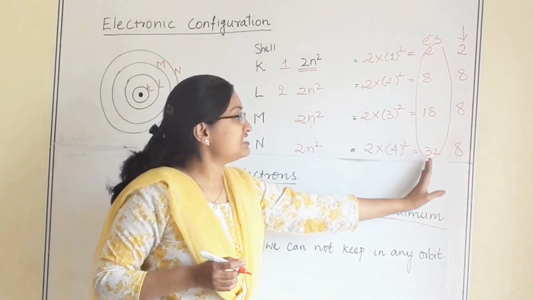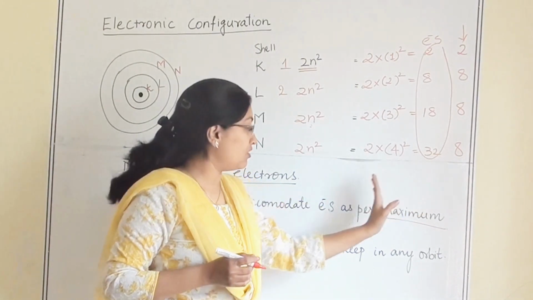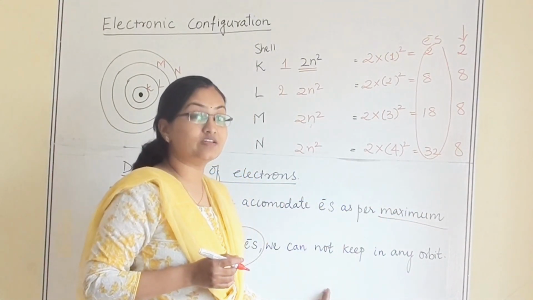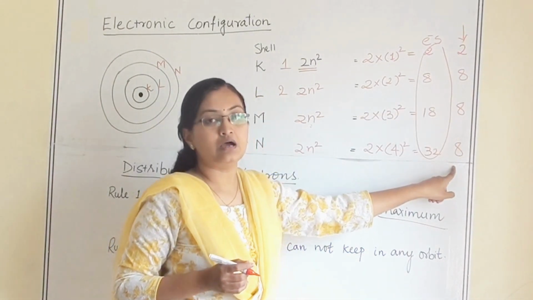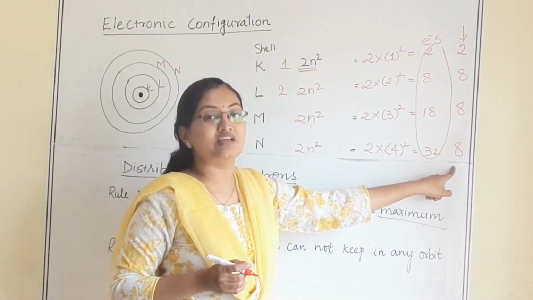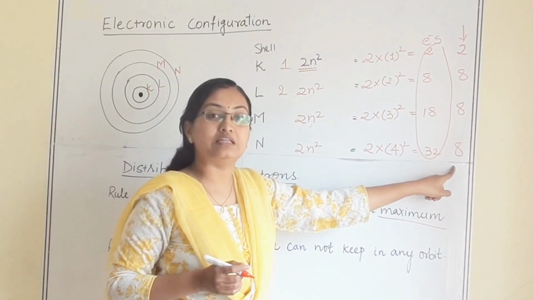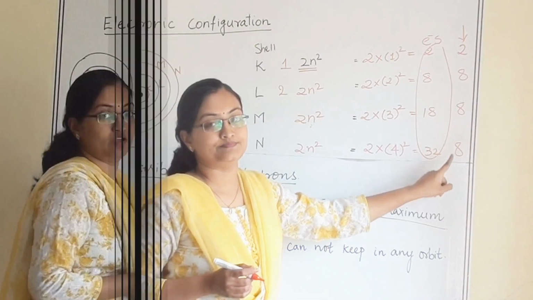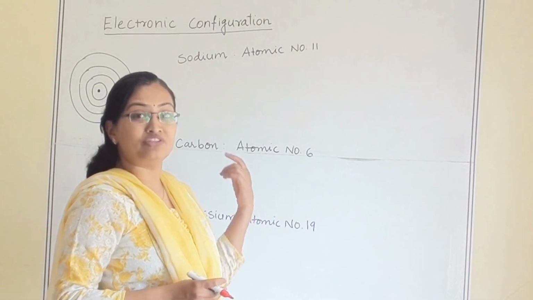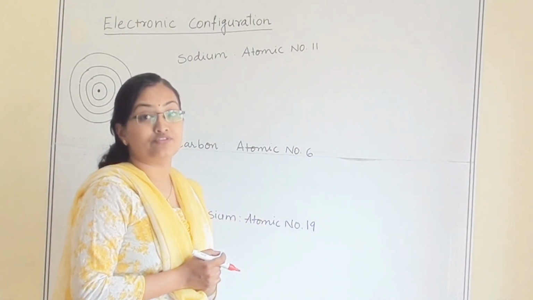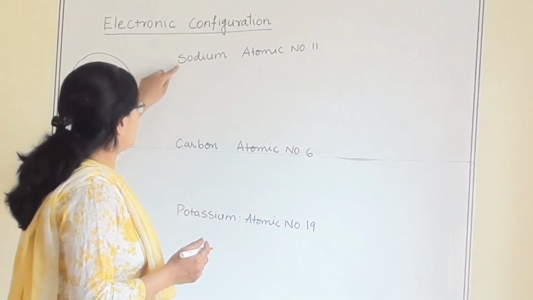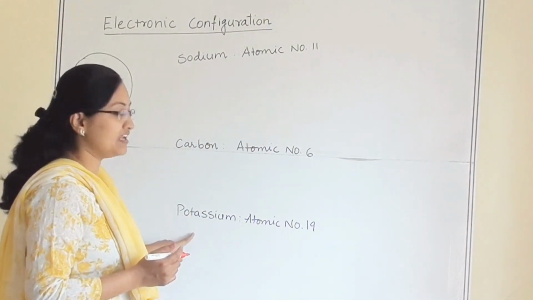This is the capacity of the orbit, but according to the rule, when you are writing an electronic configuration, you have to keep this capacity in mind, because more than 8 electrons you cannot put in any of the orbits. Now let us try some examples of how we are going to write the electronic configuration for the elements sodium, carbon and potassium.